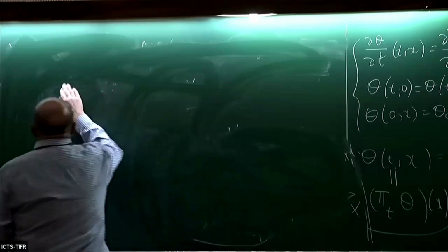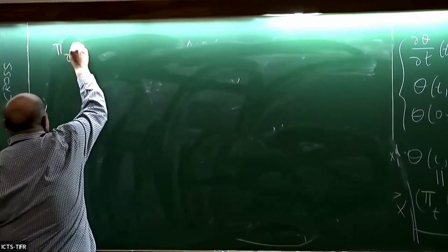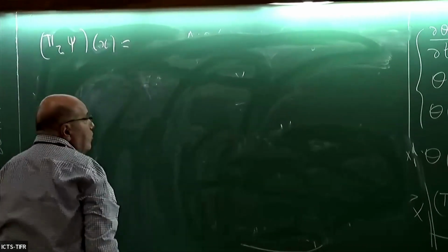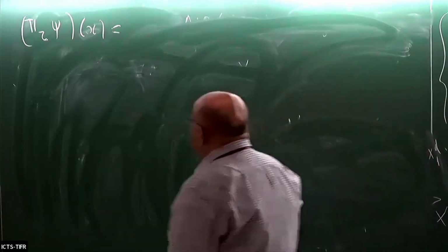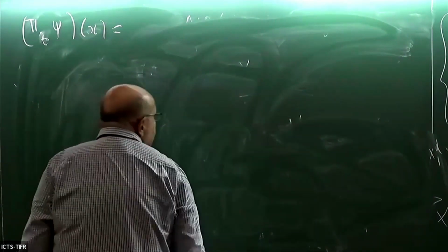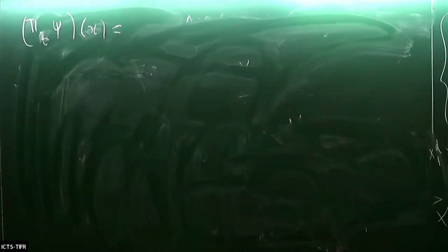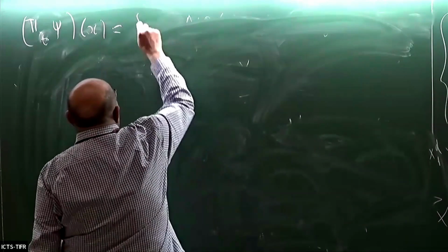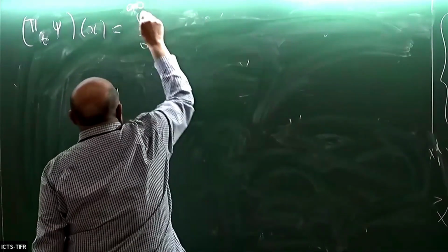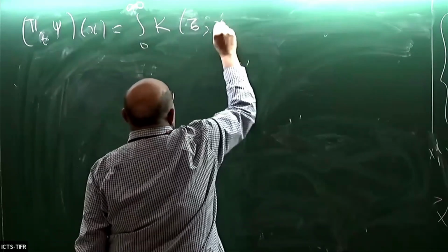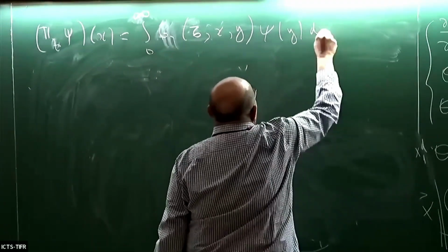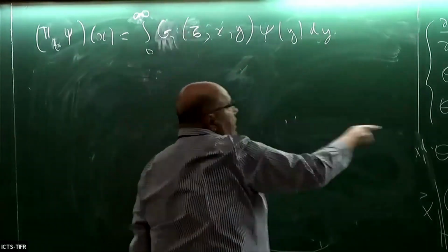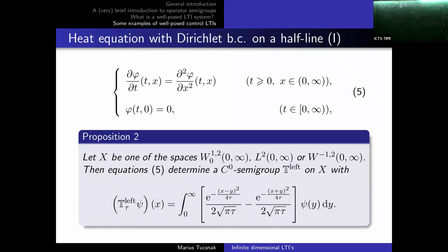And it has the form T tau psi at point x is equal to the integral from 0 to infinity of K of tau, x, y, psi of y dy, where you see which is the formula of G. The formula of G is a kernel which appears there. That's what I try to keep for the moment.